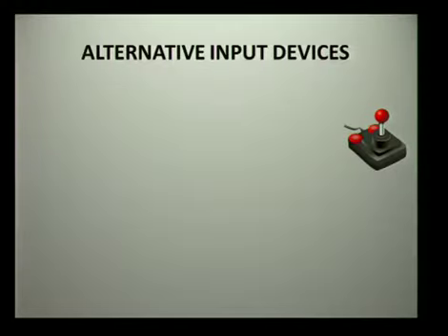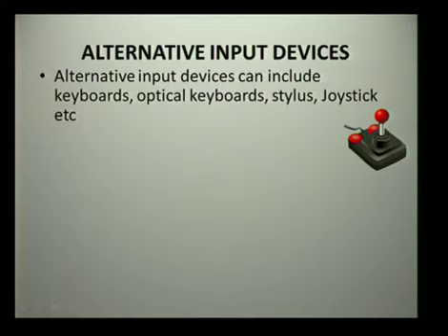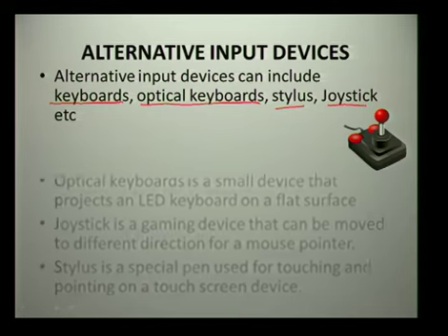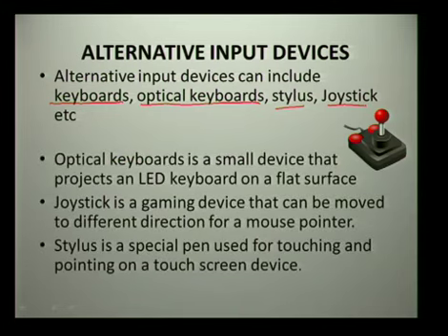Then moving on to other devices, some other alternative input devices that we don't really use that often sometimes. These alternative devices can include your keyboard, which I'm not going to discuss in much detail because you obviously know them, and then optical keyboards, stylus, joystick, etc. So these are other devices that can also be used as input devices.